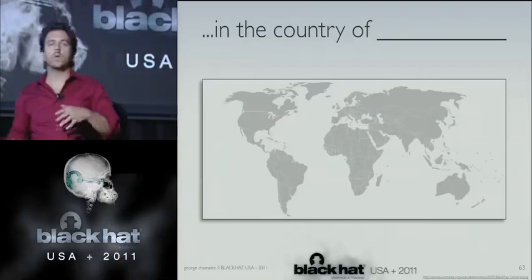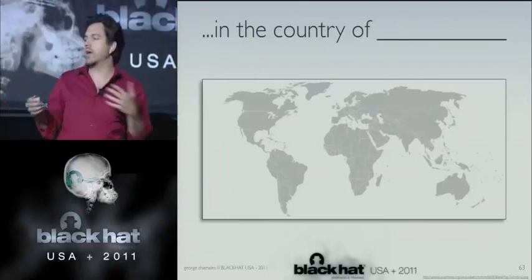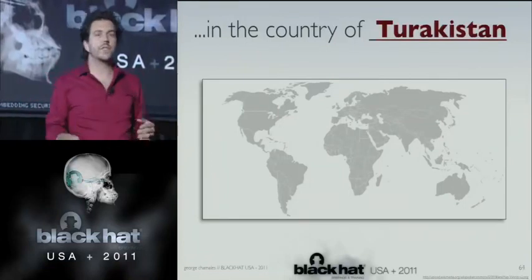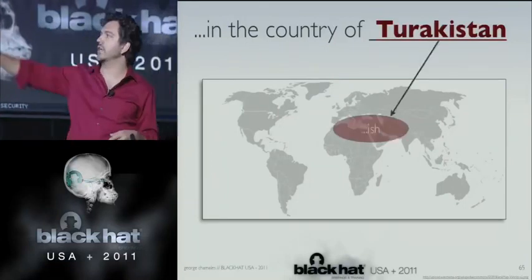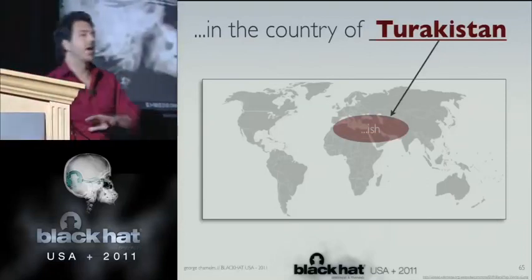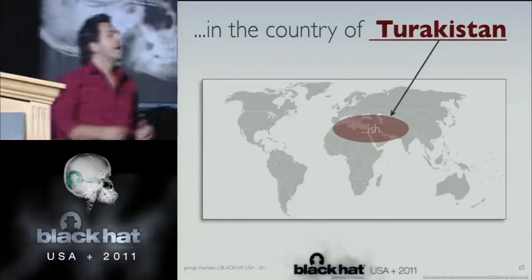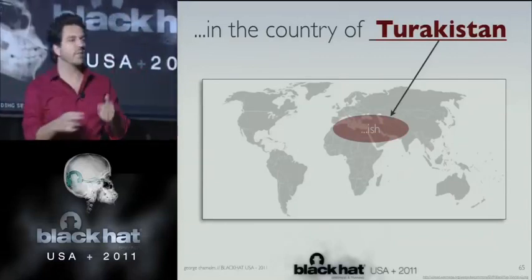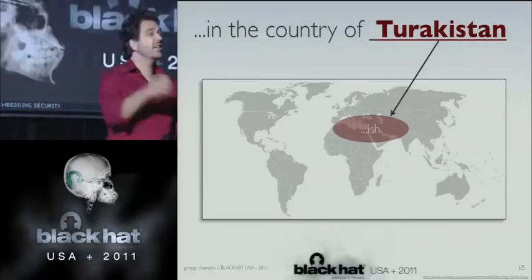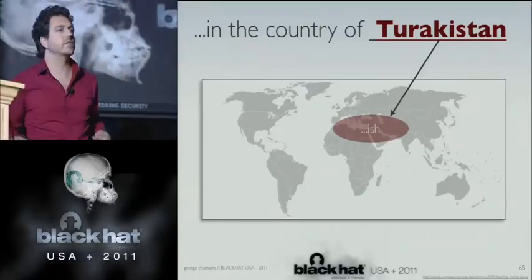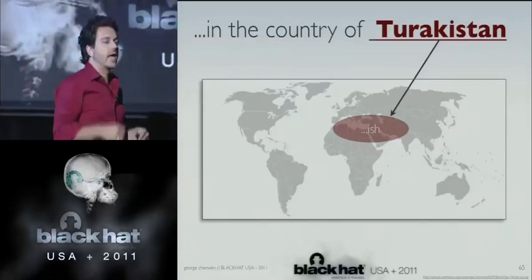So instead, we're just going to do our simulation in the country of Tarakistan, which is located here-ish. It's got a military dictatorship that has been in power for about 50 plus years, and it's fairly sophisticated in its ability to intercept communications on the network, on cell phones, and online.